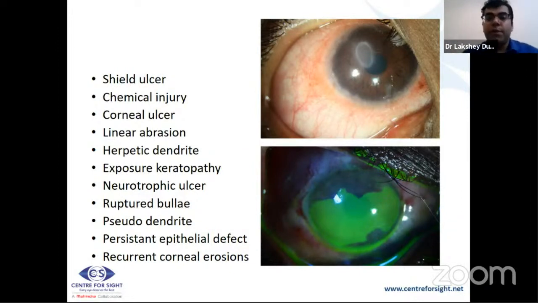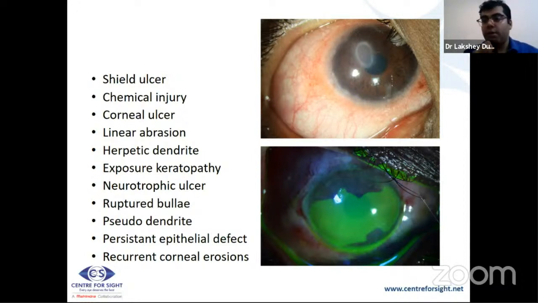But there are a few epithelial defects where you have to give steroids, and one of them is Shield's ulcer, because it is in the setting of VKC. It is because of rubbing of papillae, and until you give steroids to shrink the papillae, this epithelial defect will not heal.